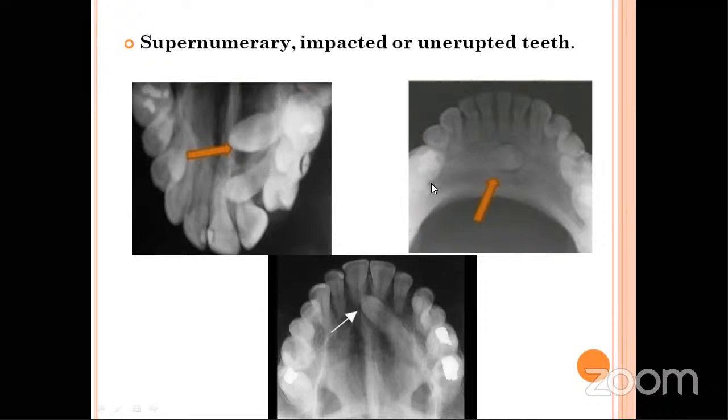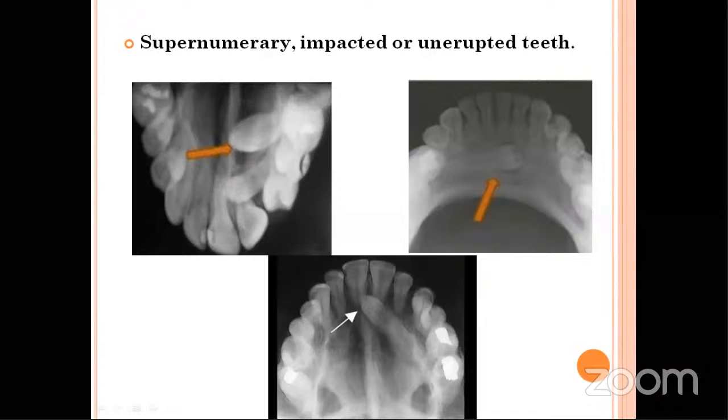Got it? So this is the mandibular occlusal radiography showing the impacted canine. And this is the maxillary occlusal radiography showing the impacted canine, and this radiolucency seen in the molar region is actually the nasolacrimal canal.